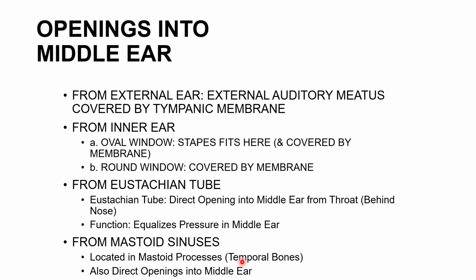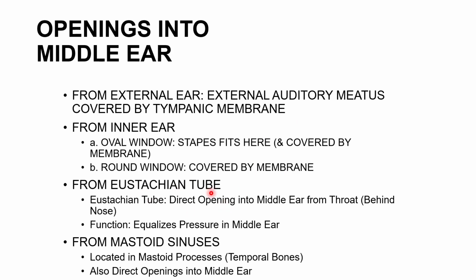It has many mastoid air cells, and these are connected to the posterior wall of the middle ear. And also these are direct openings. Direct opening means they open directly without an intervening membrane. But the oval window, round window, and the tympanic membrane are openings which are covered by membranes.